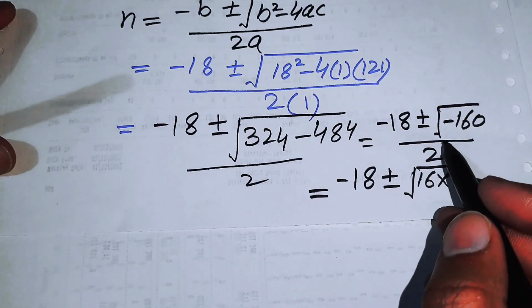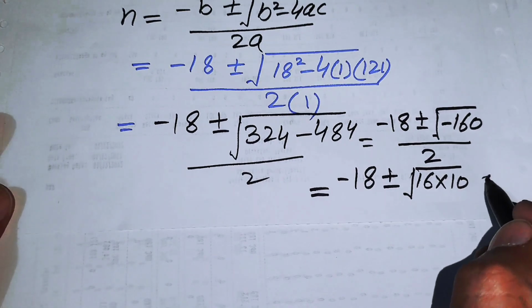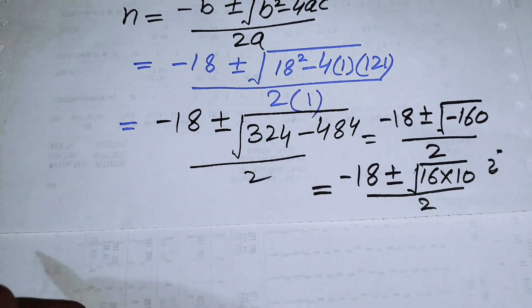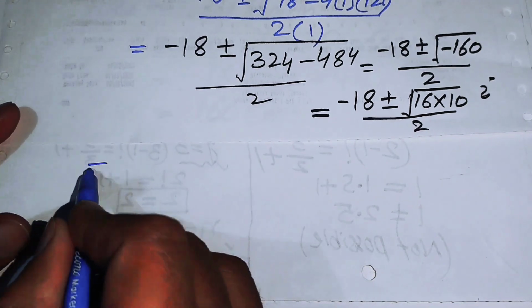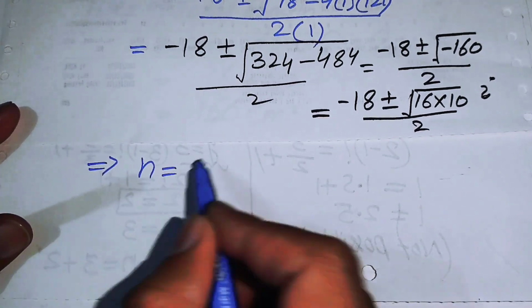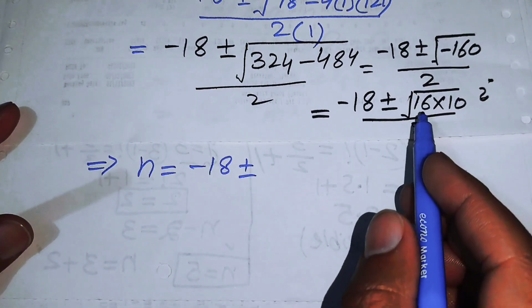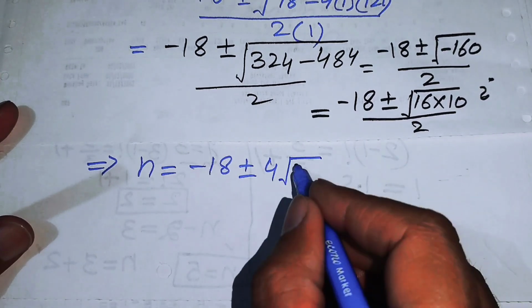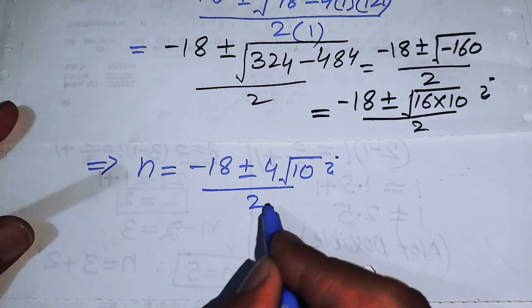and because here you have a minus sign inside the square root, it equals iota, and this whole over 2. So this step implies that our n equals minus 18 plus minus the square root of 16, which is 4, into square root of 10 times iota over 2.